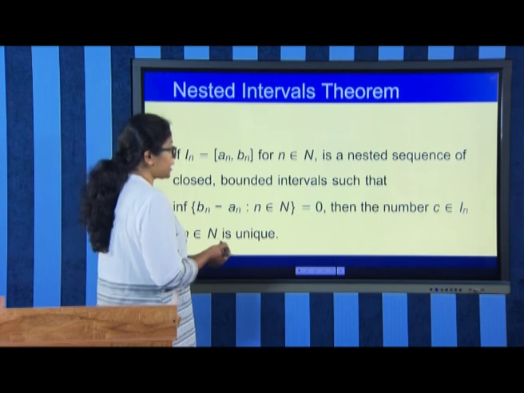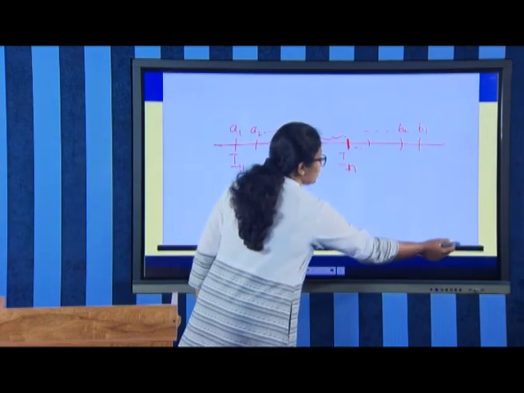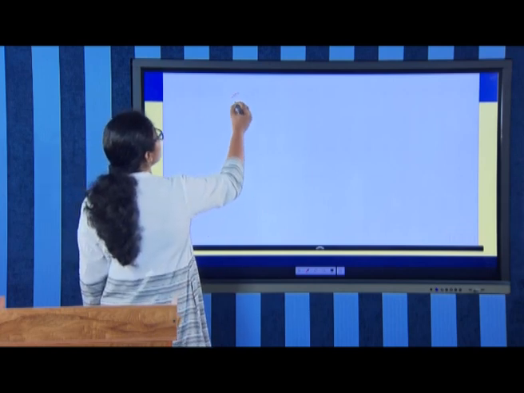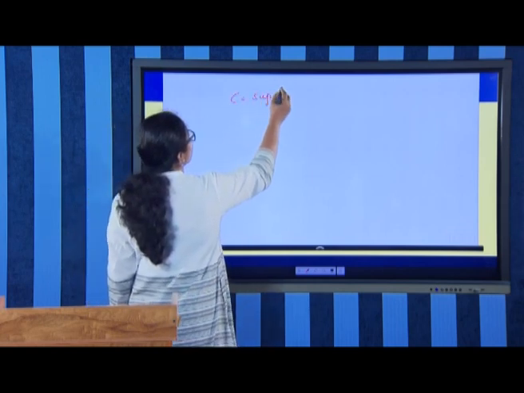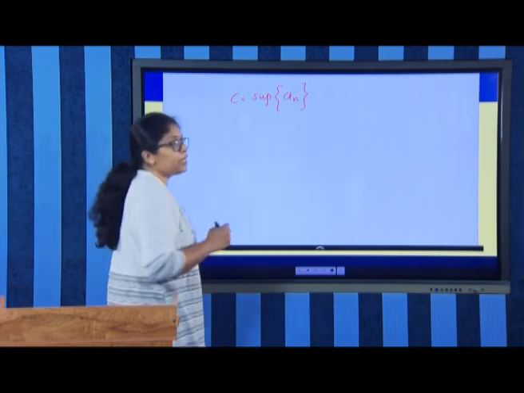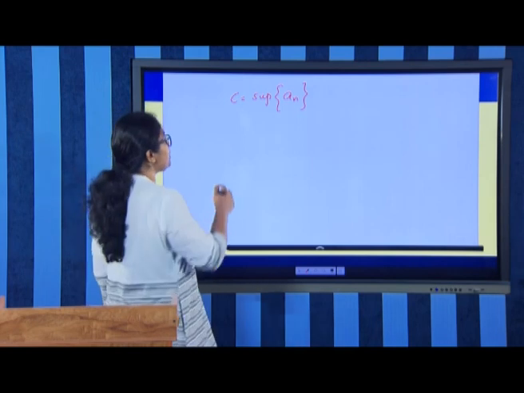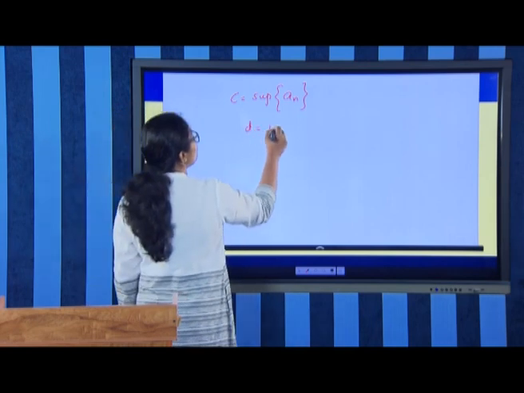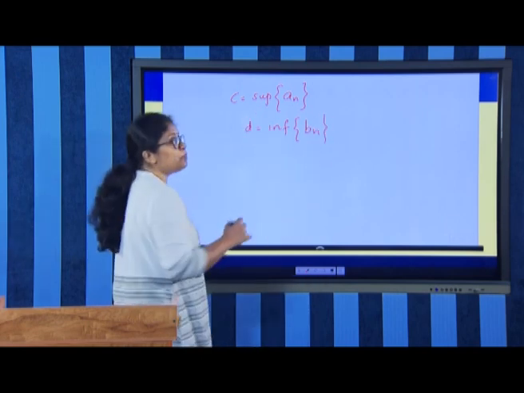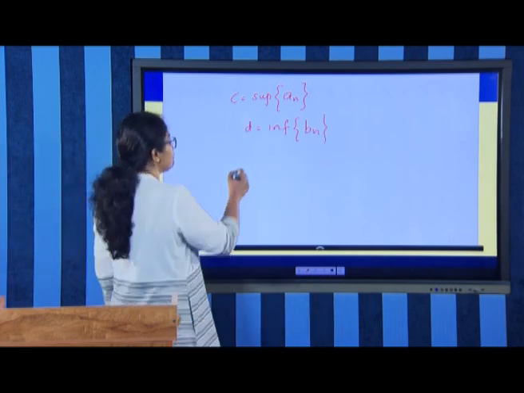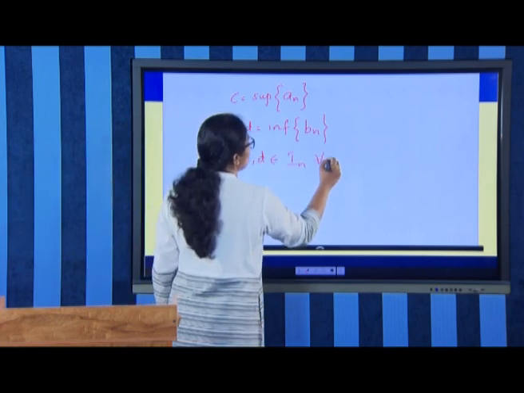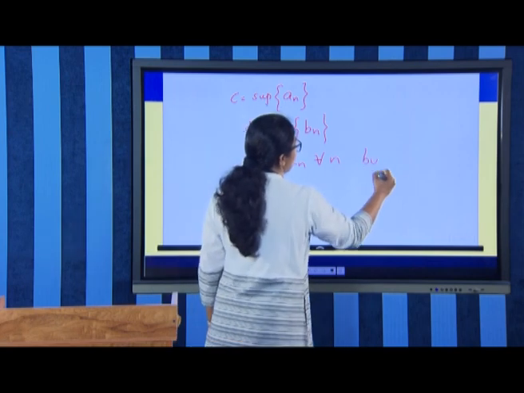The proof is exactly similar to the previous one. The only difference is that we have taken C to be the supremum of the set of all An, and a similar argument can be applied to show that if D is the infimum of Bn, then both C and D belong to In for every n, by the nested interval property.